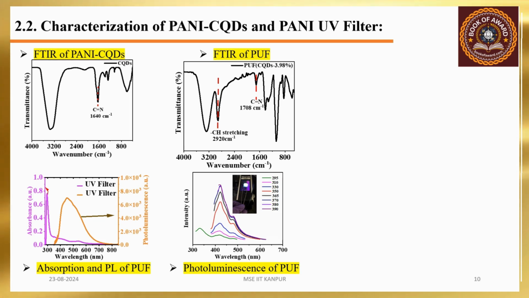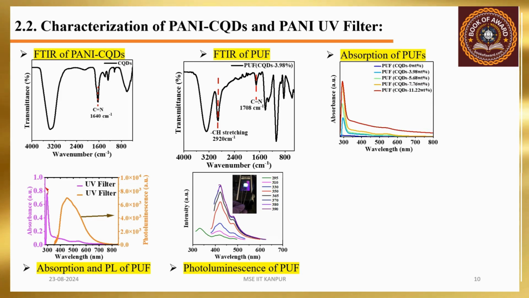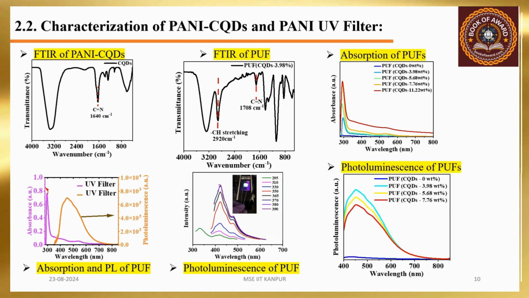number of photons in larger wavelength of UV light. When Pani carbon quantum dot concentration is increased in the Pani UV filter, then the intensity of absorption will increase. Means the UV light absorbed by the Pani UV filter increased. This is the photoluminescence of Pani UV filter at different concentrations.